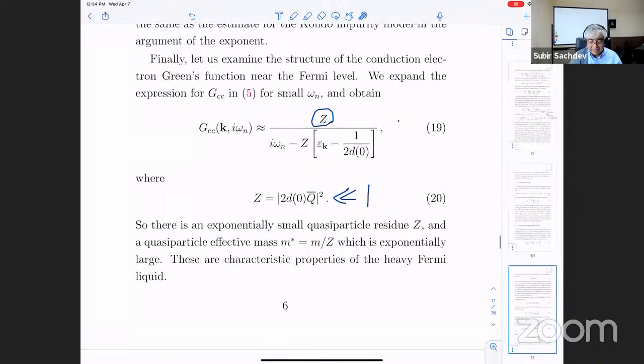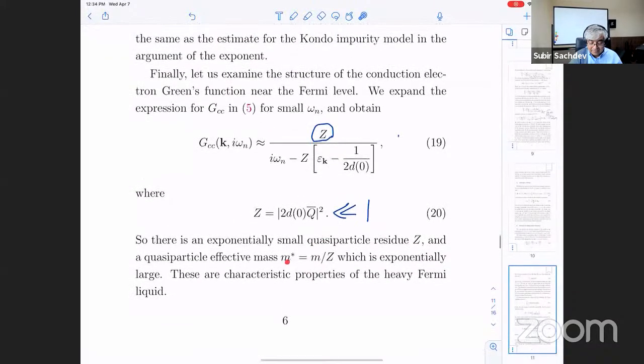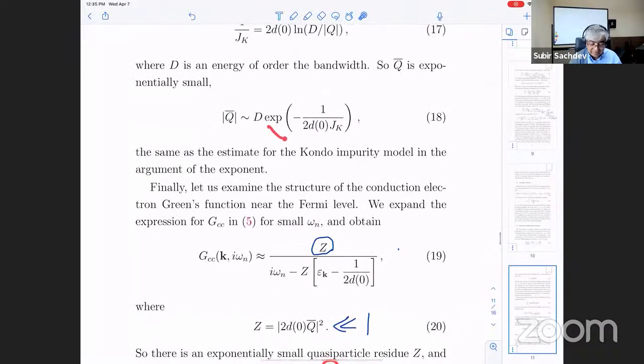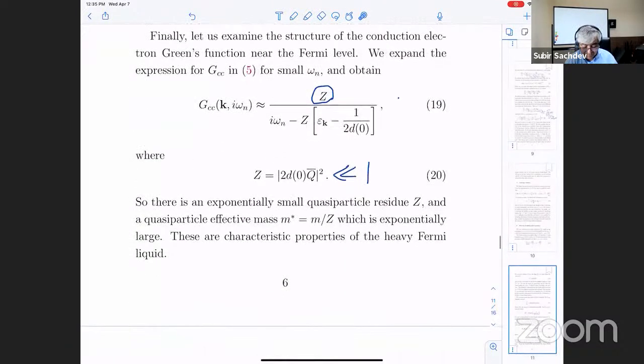And what we have seen is that the renormalization of the heavy fermion, what makes the mass so large, is an exponential factor, which can be 1,000 quite easily in a typical material. And so consequently, the effective mass of the electron can be very heavy.